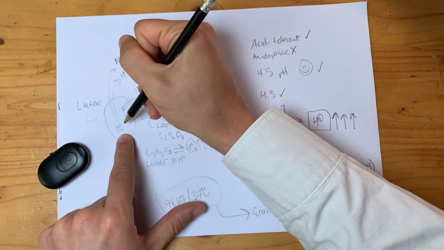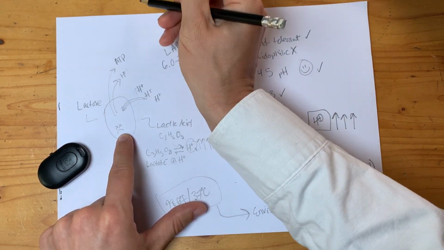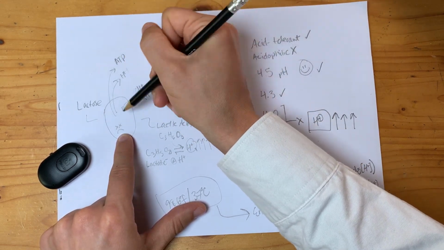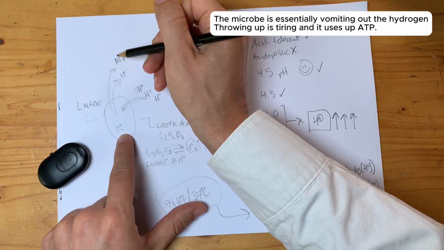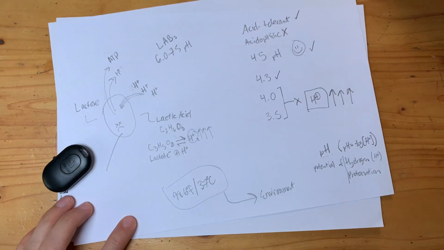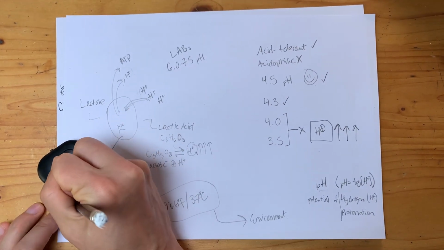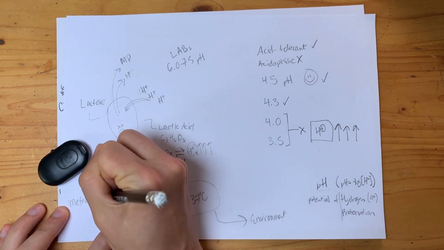The water is getting into the boat, guys. And so they're going to say, hang on, we've got to throw out this water. We're going to throw out these hydrogens, and it's going to spend ATP, and then it's going to tire them out. And eventually they're going to have metabolic collapse.